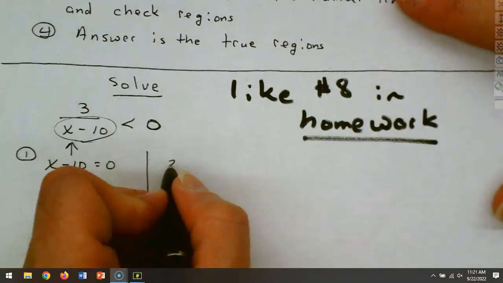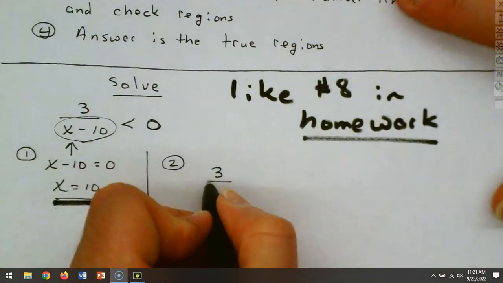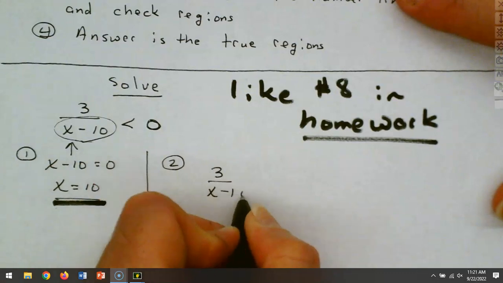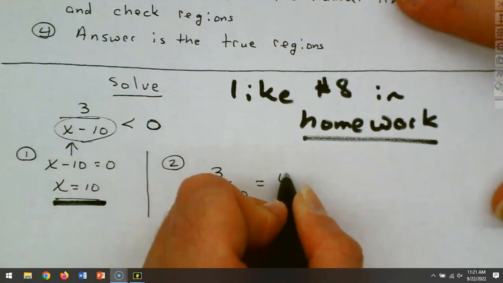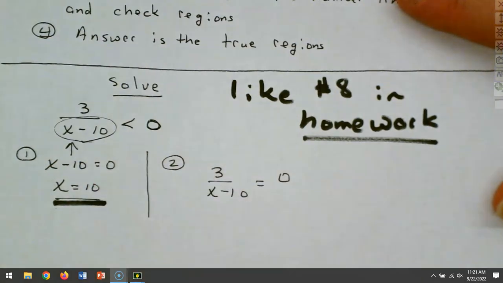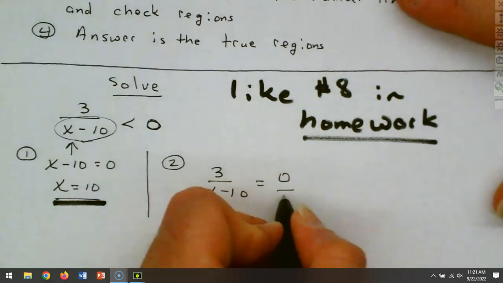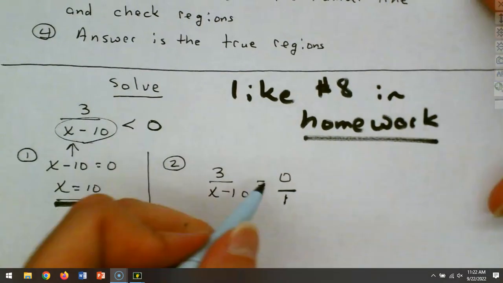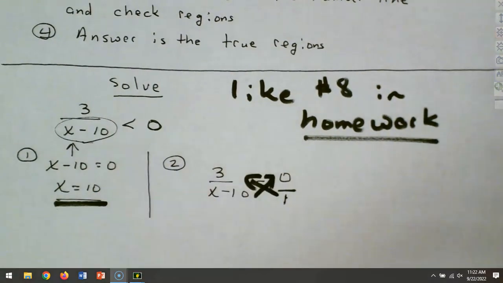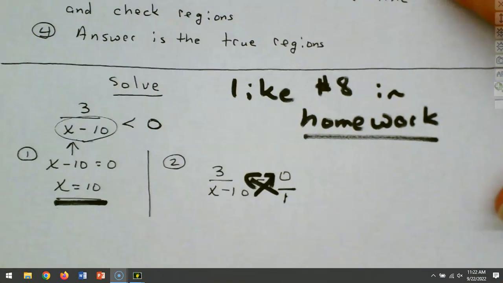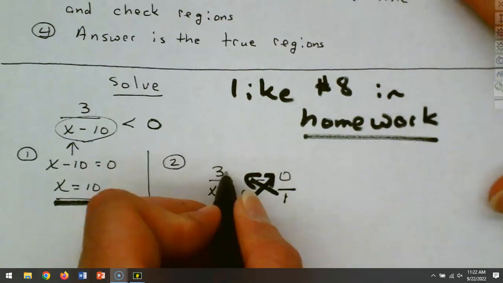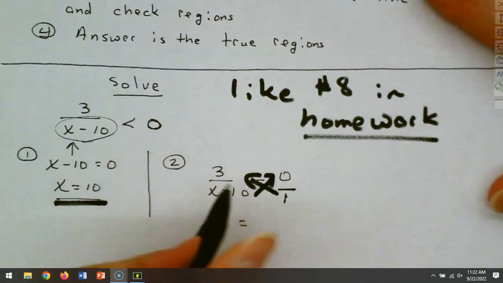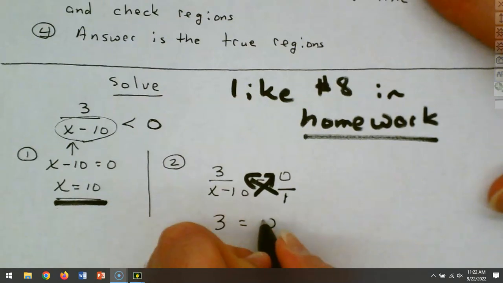What about step number 2? We replace that inequality symbol with an equality. So that's going to be equal now to 0. And I'm going to make that 0 over 1 so we can cross multiply. 3 times 1 is 3. 0 times all of that is 0.